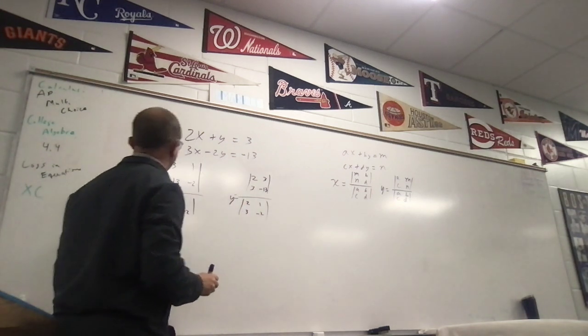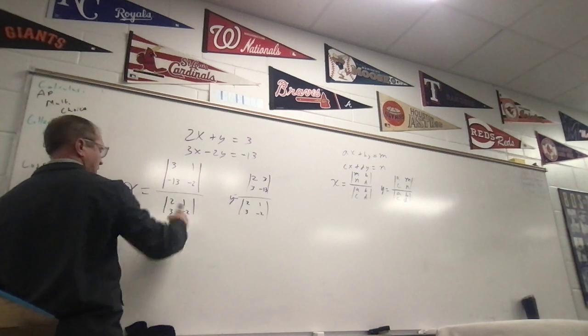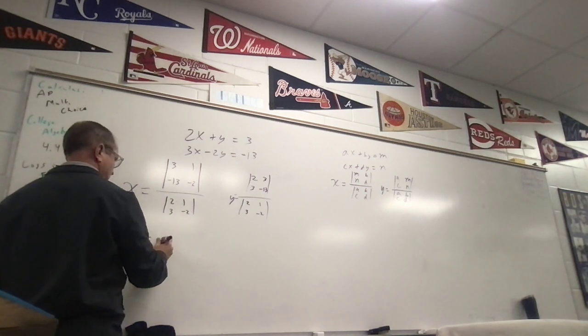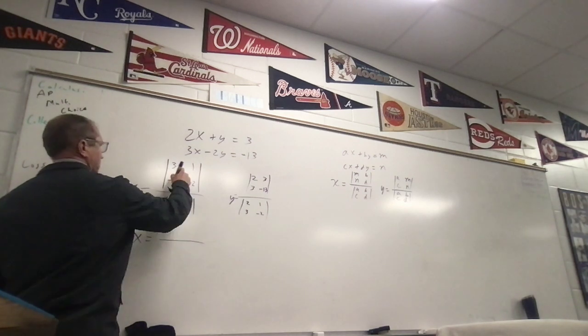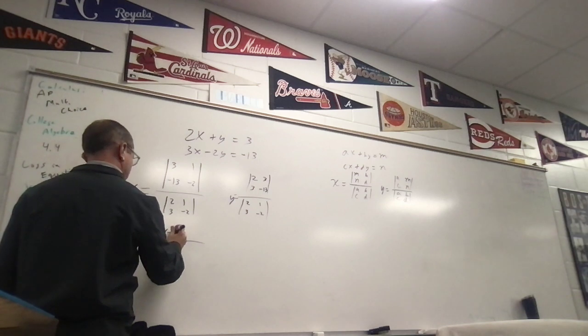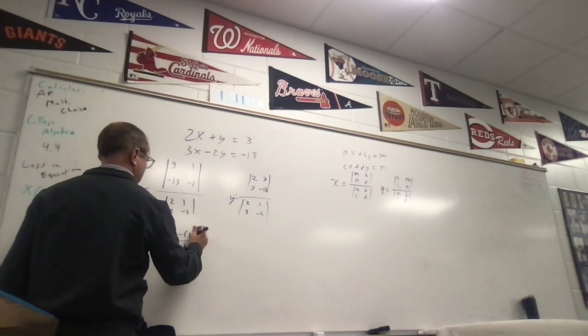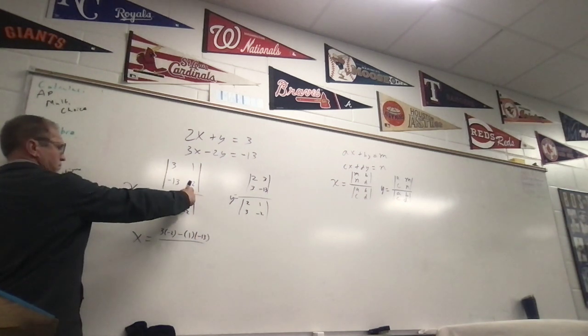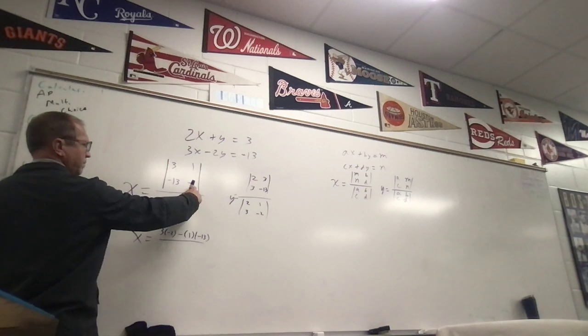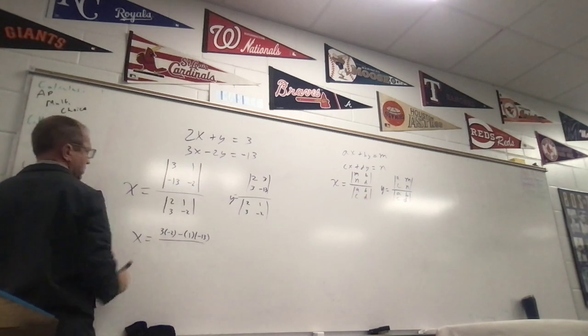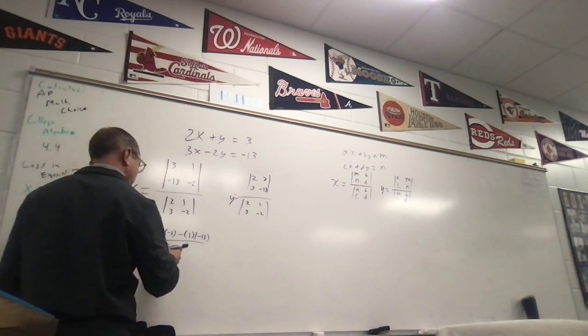All right, so we're going to do the determinants. So this, and I'm going to write this step out. You would not have to write this step out. 3 times negative 2 minus 1 times negative 13. Again, the downward diagonal times the upward diagonal.